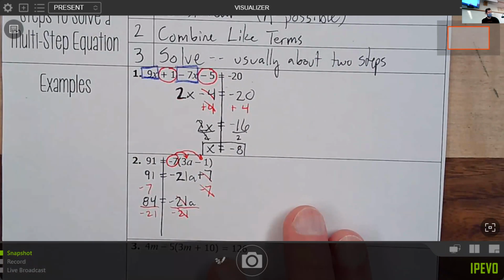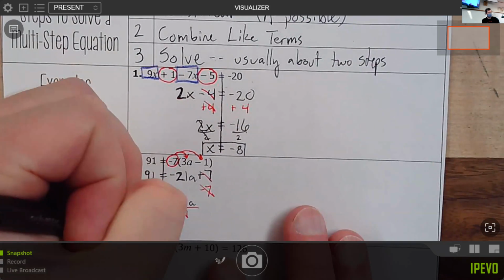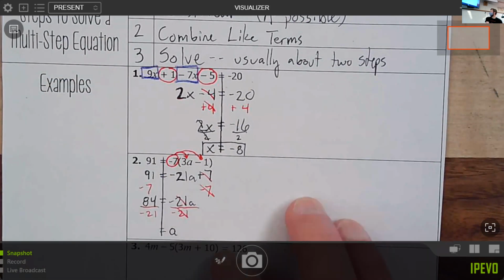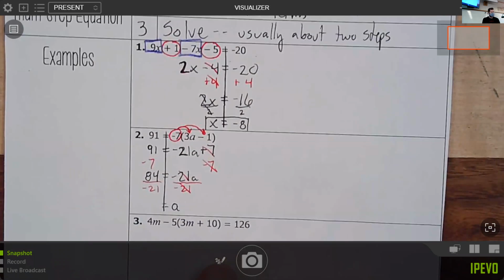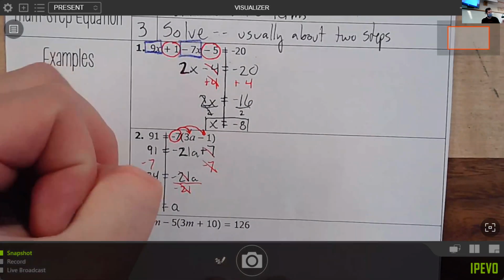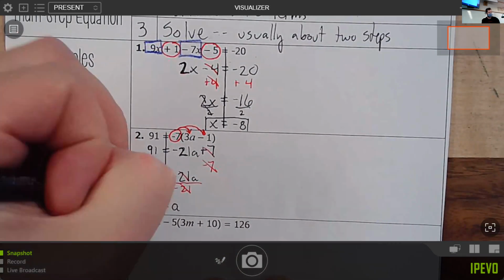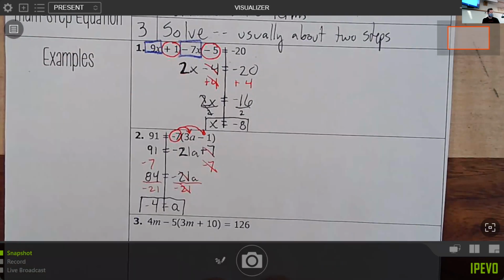If we divide by -21, the variable is all that's left on the right, which is exactly what we wanted. We wanted to get the variable by itself. That's going to be -4. So a is equal to -4.